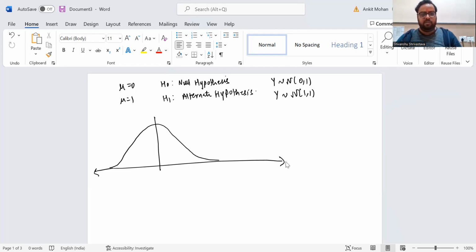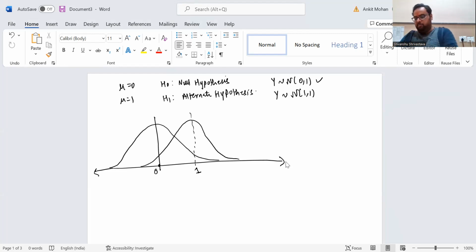So we have the first PDF that we are drawing. We can see that the mean value is 0 here, and the variance is 1. And the other hypothesis, the shape is slightly not very proper, but this is a Gaussian distribution only.